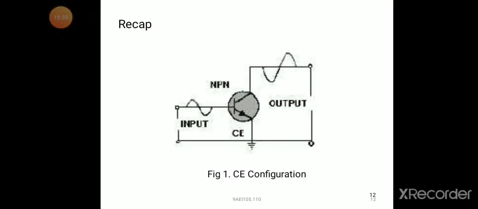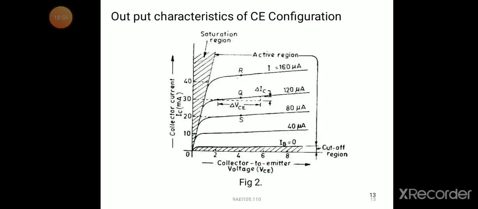Already you know what the active region is. Now you see how it is. Common emitter means the emitter terminal is common. NPN transistor input and output. The input signal is going there. In the output characteristics of the CE configuration, you see the regions specified in the characteristic diagram here.